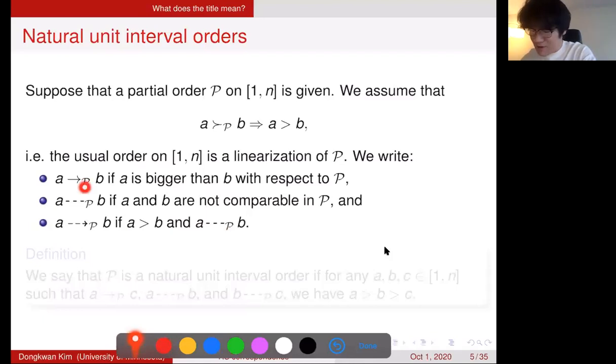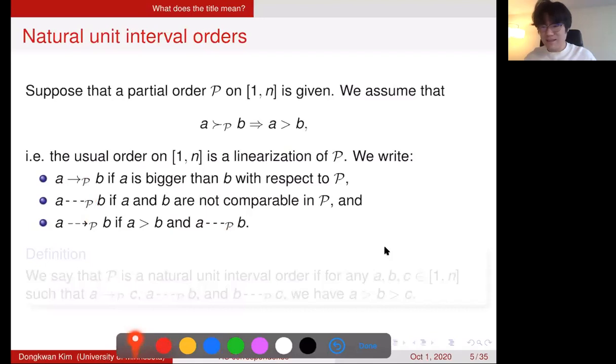So this arrow will be decomposed into two pieces, where the bar part is comparability in this partial order, and the head of the arrow is basically the usual order.